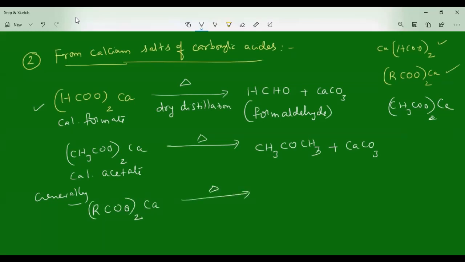If it is subjected to dry distillation, we get RCOR plus CaCO3, calcium carbonate. When we took calcium acetate, we got acetone, that is a ketone. And RCOR is the general formula of a ketone in this equation.